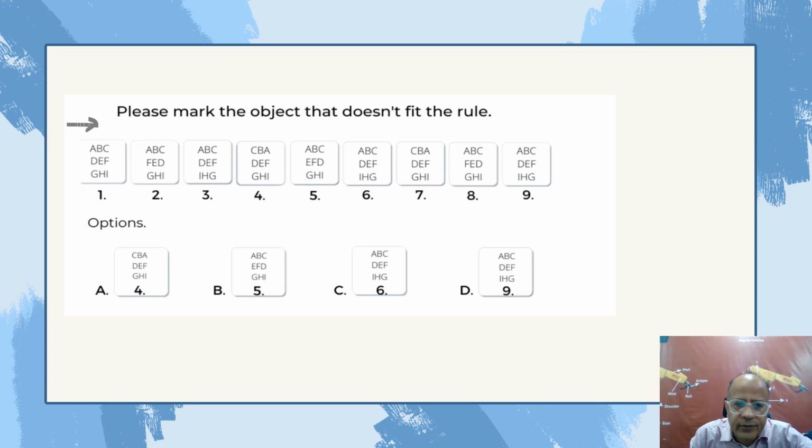And if you observe the second, what is the difference? You can very well see that D, E, F in the first is written in reverse over here. All other things, A, B, C and G, H, I remain the same, but D, E, F has been reversed. So let's see what pattern is being followed.